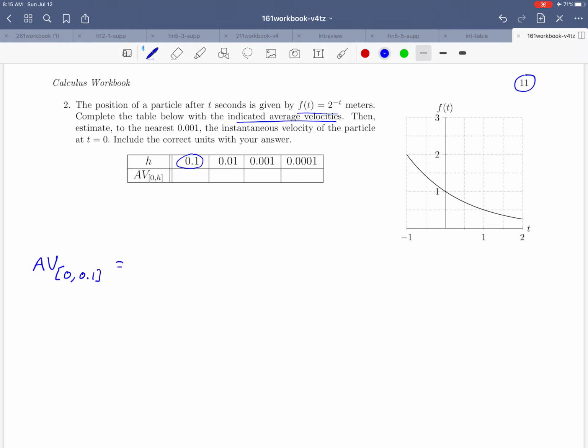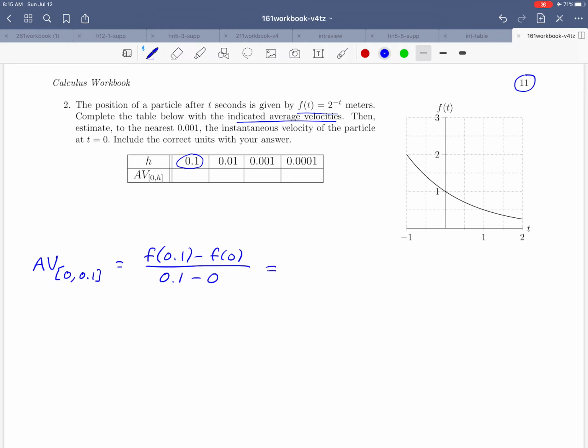Then we have a formula for average velocity that is the same thing as average rate of change. So we're going to take the change in our outputs, f of 0.1 minus f of 0, over the change in our inputs. There's our formula for average velocity.